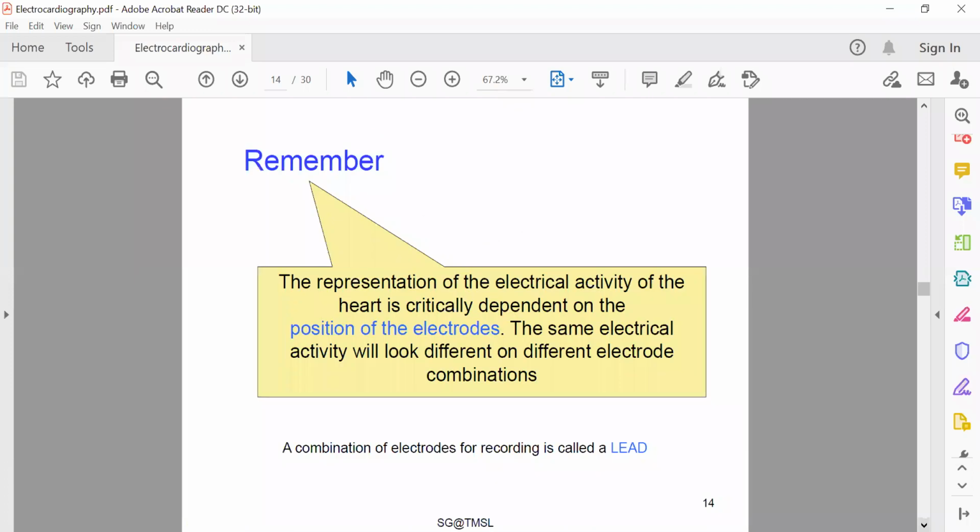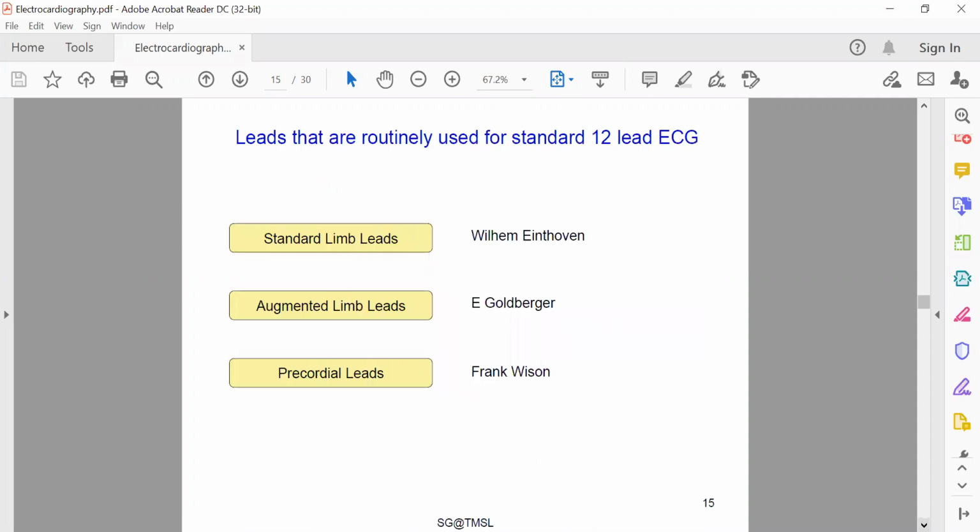Now remember, the representation of the electrical activity of the heart is critically dependent on the position of the electrodes, as I have told you earlier. The same electrical activity will look different on different electrode combinations, and a combination of electrodes for recording is called a lead. So the standard 12 lead ECG is used, and there are three types of leads.